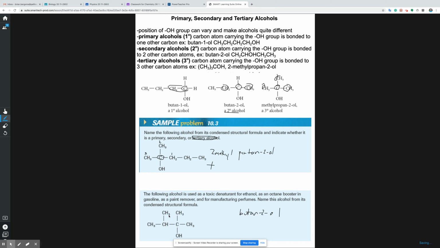We have 2 methyl groups coming off carbons 2 and 3, so 2,3-dimethyl. 2,3-dimethylbutan-2-ol would be the name. And if we were saying primary, secondary, or tertiary, again this is the carbon that the OH is coming off. It's bonded to 3 carbons, so it's another tertiary alcohol.